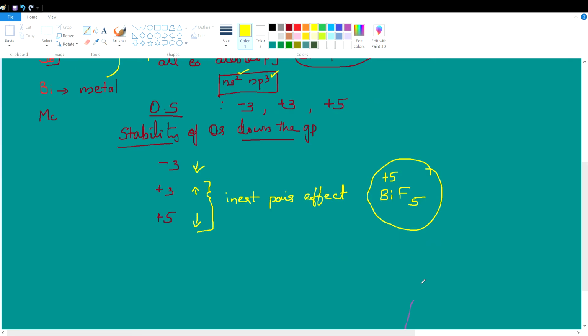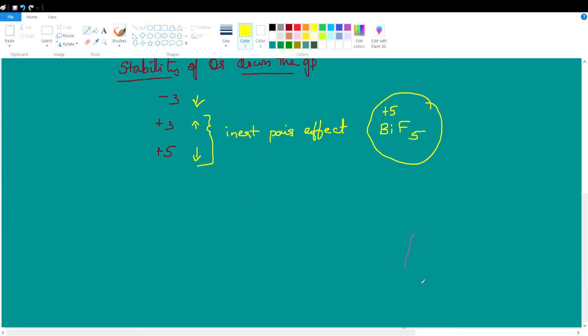Now let us discuss the anomalous behavior of the first member, that is nitrogen. Nitrogen has small size, highest electronegativity, highest ionization enthalpy, and its electronic configuration is 2s2 2p3.